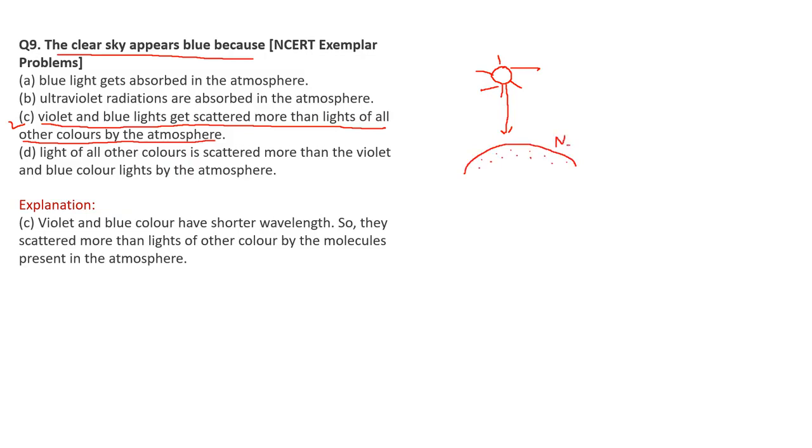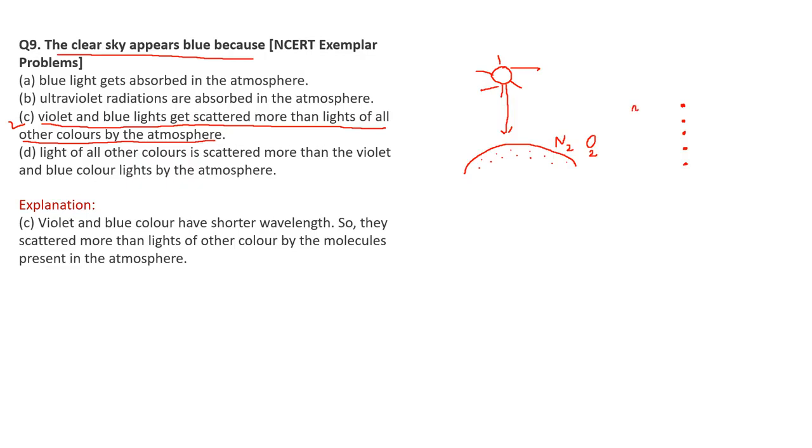And we know that nitrogen and oxygen molecules are very small particles. So these small particles are able to scatter light of small wavelength.